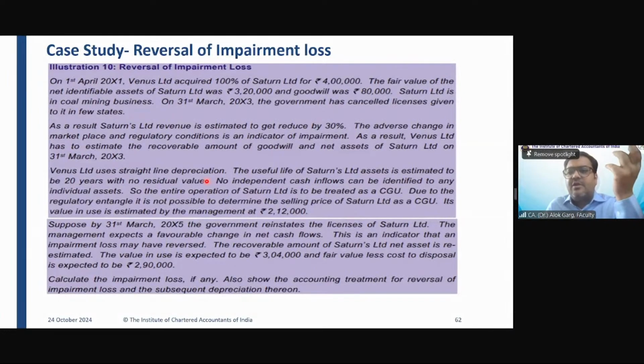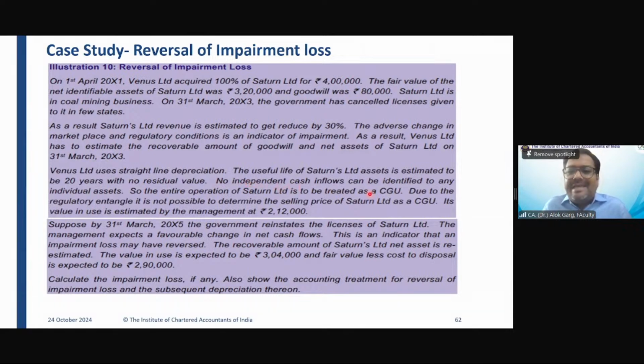What is the total carrying value of this cash generating unit? 3,68,000. This is what we have solved so far, whatever information is given, we solved in our mind.